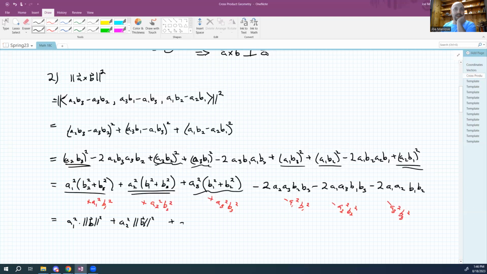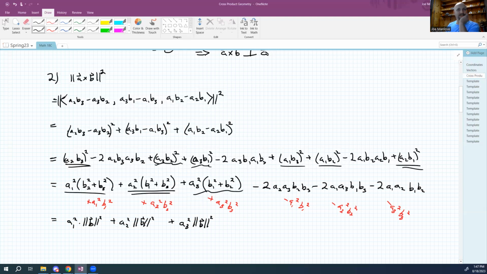And out of these three, I get A3 squared times the magnitude of the vector B squared. And then I still have all this stuff. That stuff's really gross looking. You see that? It's actually kind of horrible. Not really super psyched on it.